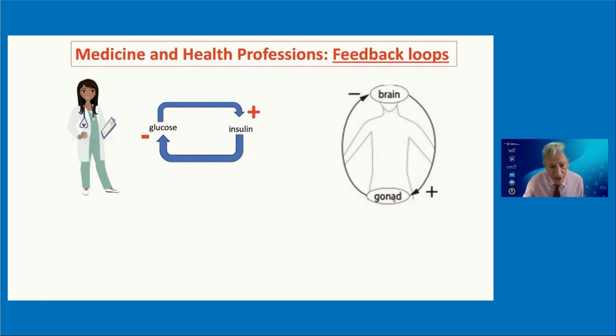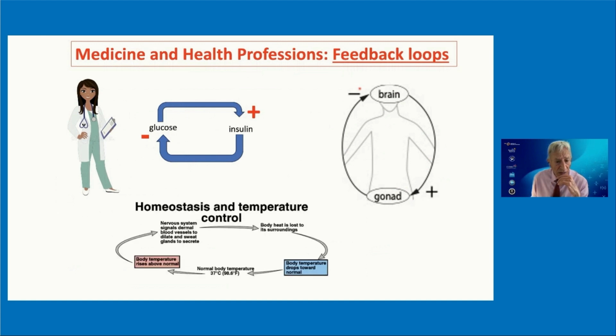The gonad releases hormones in response to instructions from the brain, but those gonadal hormones then have negative feedback on the brain. Body temperature rises and physiological responses like vasodilation occur to bring temperature back to normal. So body temperature is controlled by a feedback loop.